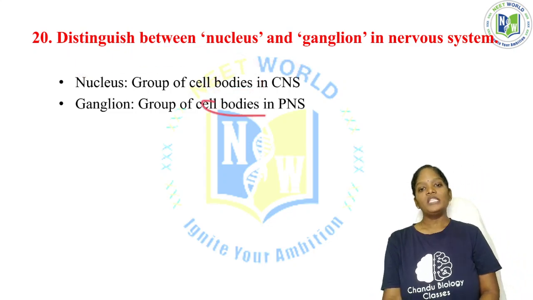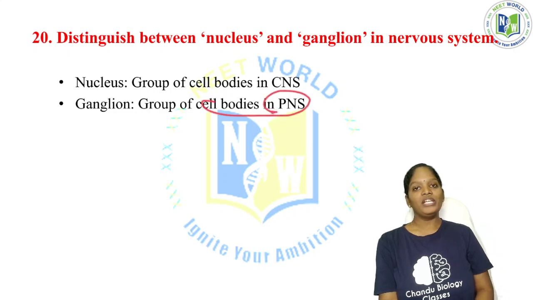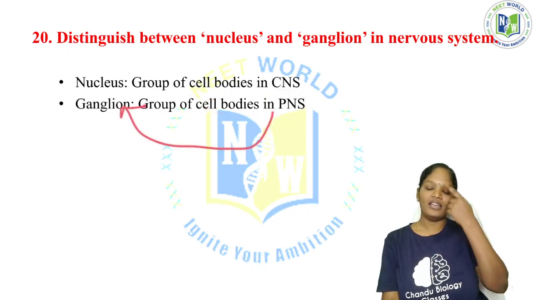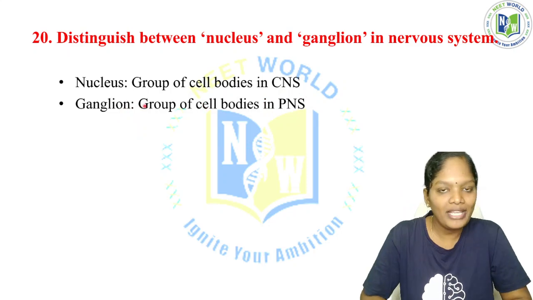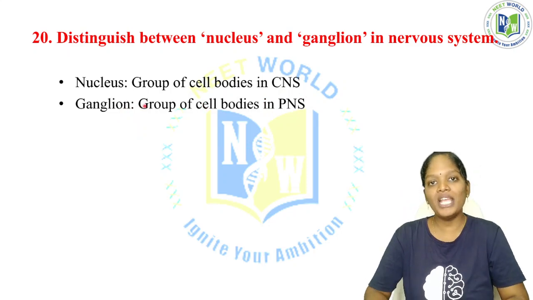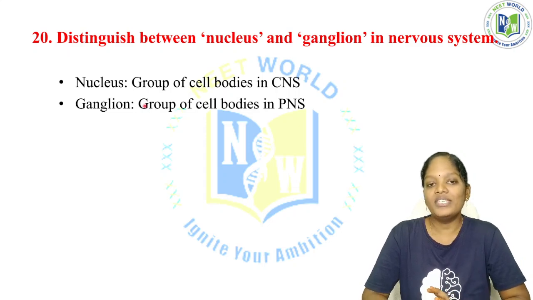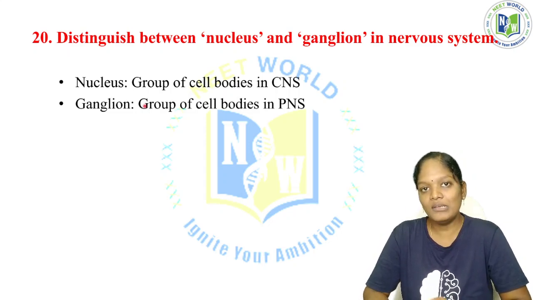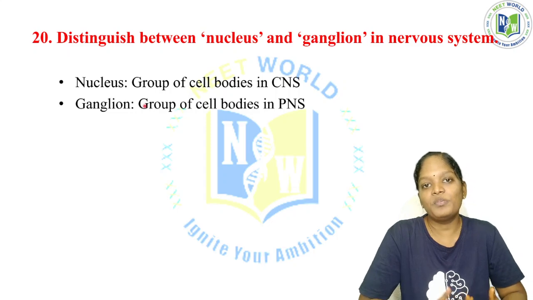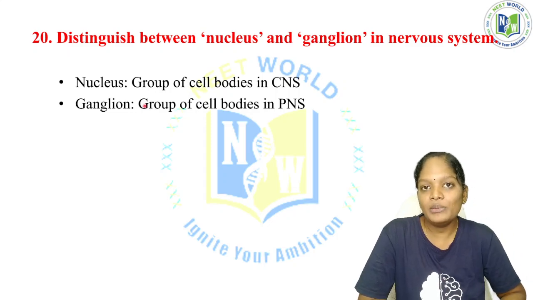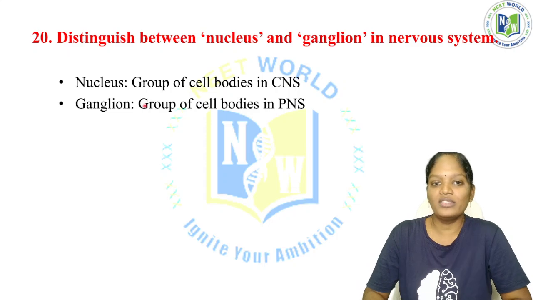If the cell bodies are present in the peripheral nervous system, we call them a ganglion. Both words are similar; based on the location, we use two different terms. So this is the basic thing.